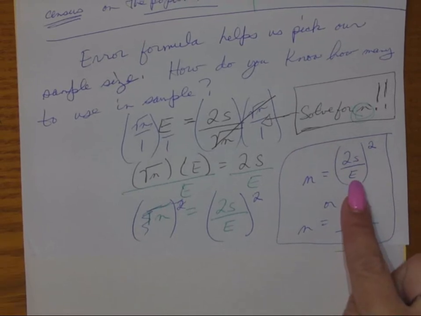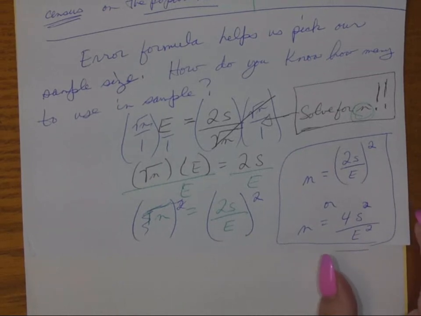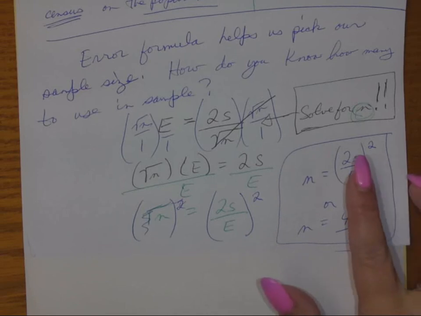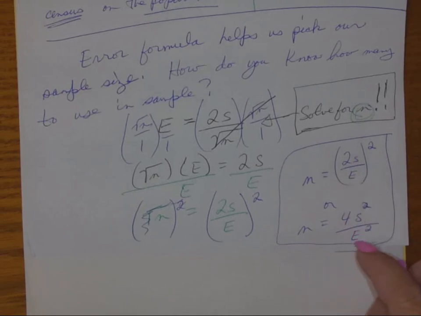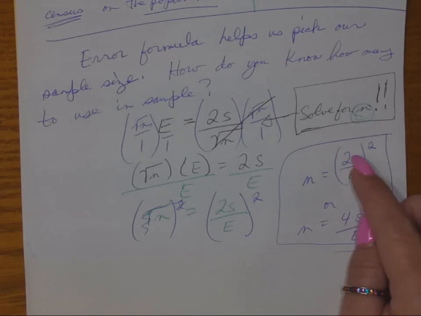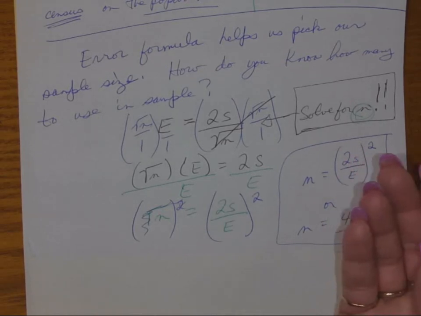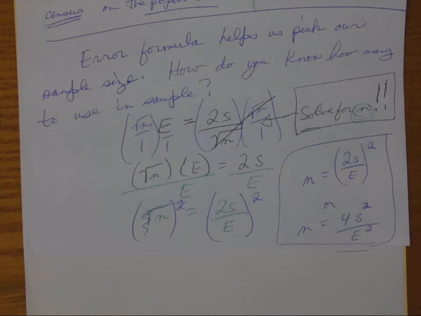So think about it. On these problems, the error would be given to you, and the standard deviation, the s, would be given to you. If you want an error that's 5 percentage points, and you know your standard deviation, you can just plug those into the formula, and it will tell you what your sample size needs to be.